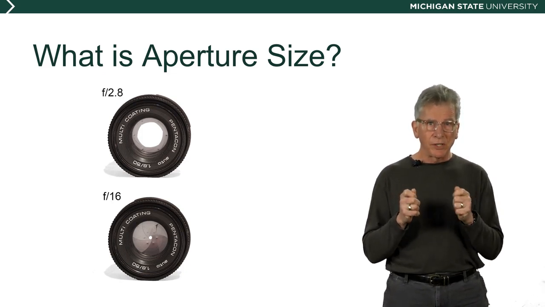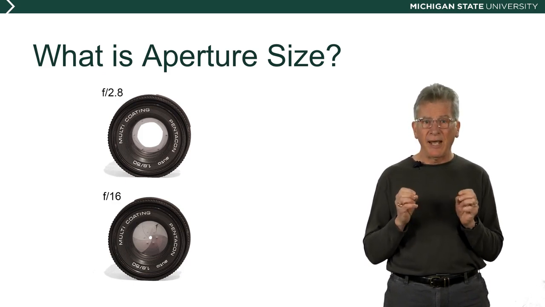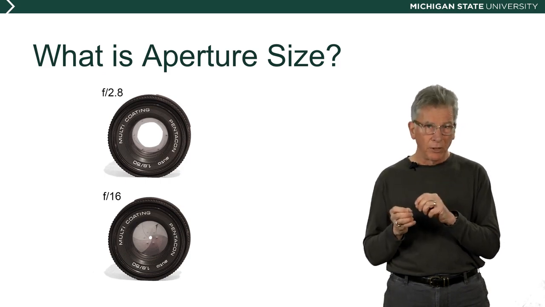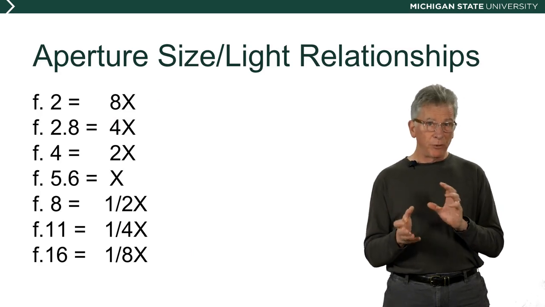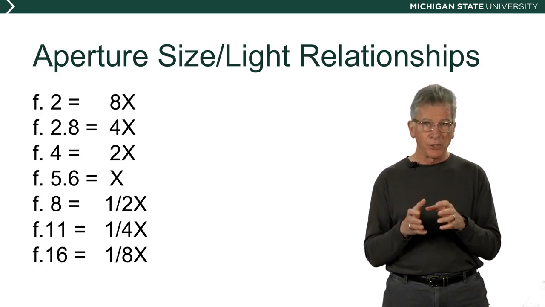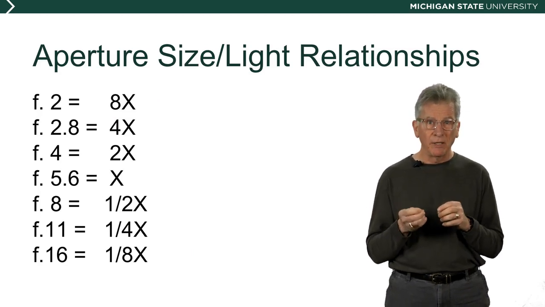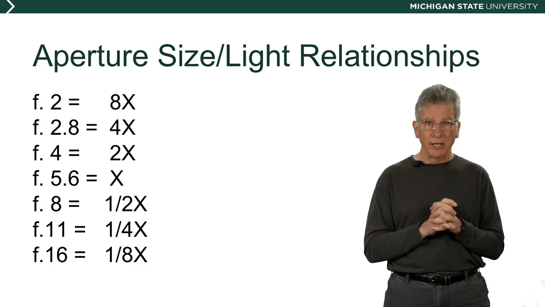The size of the aperture that you choose is referred to as an f-stop. The larger the f-stop number, the smaller the hole. Now, the relationship between adjacent aperture sizes, or f-stops, as we call them, is the same mathematically as that for full shutter speed settings.